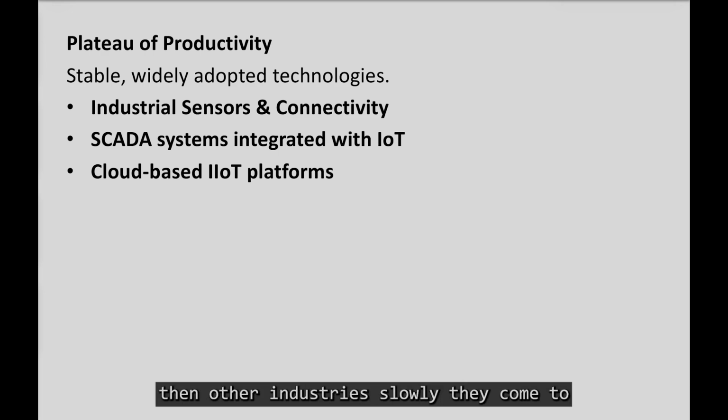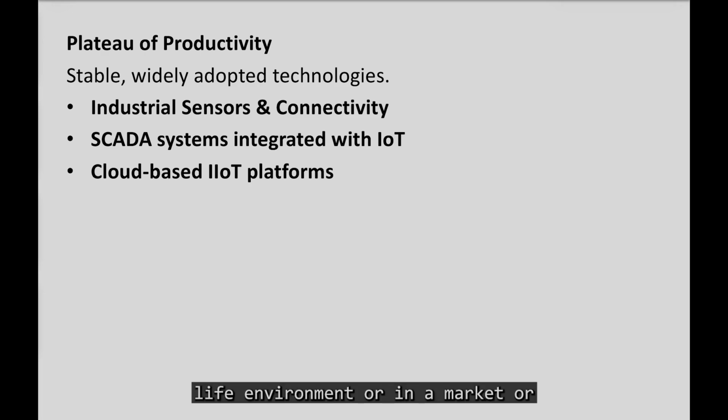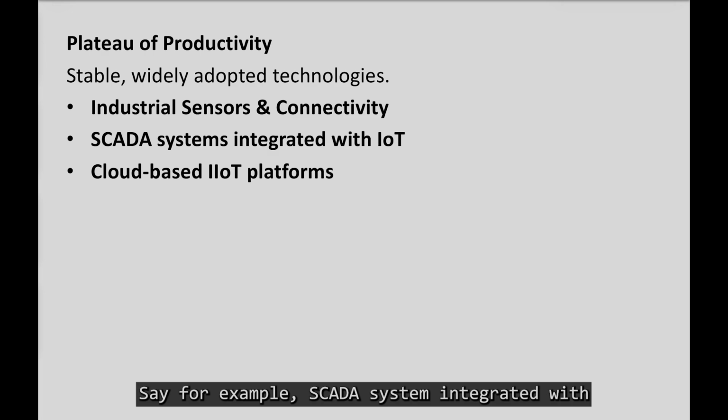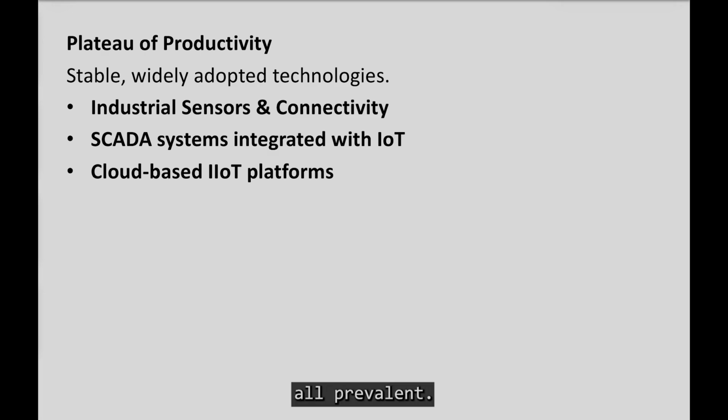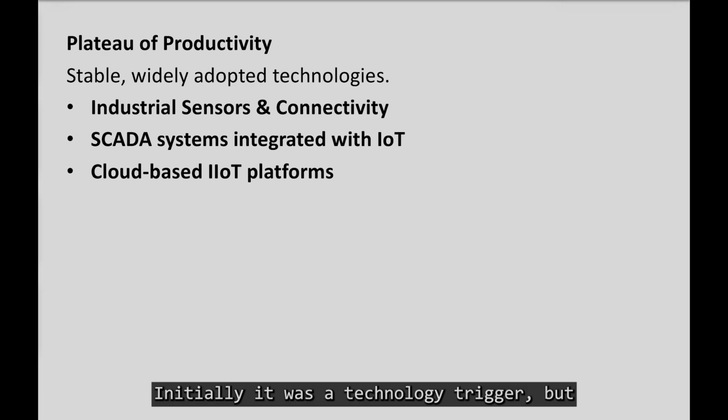Then other industries slowly come to the conclusion that this can be used in our industry also for this particular domain, and you adapt this technology in the real life environment, in a market or an industrial plant. Say for example, SCADA system integrated with IoT, cloud-based IoT platforms. This is all prevalent. Initially, it was a technology trigger, but now it has been a proven concept.